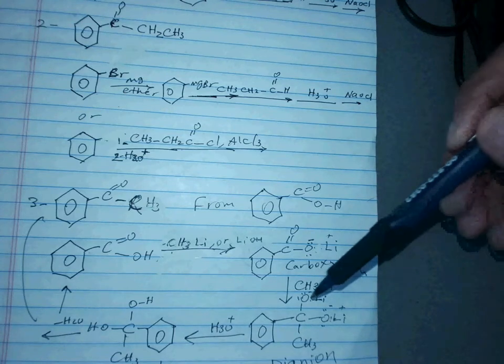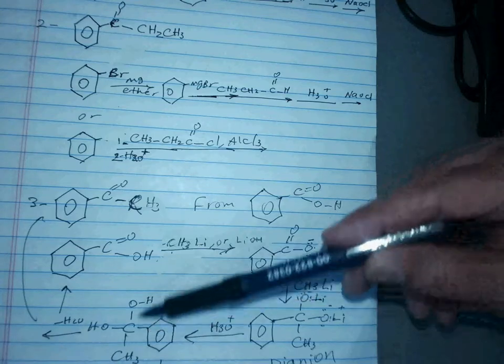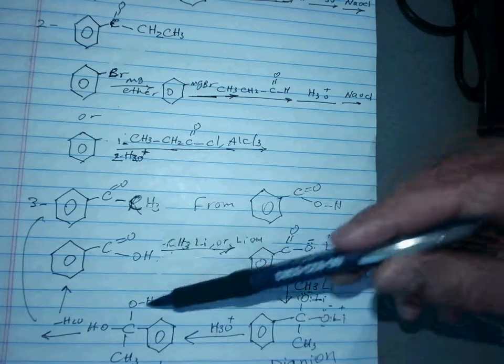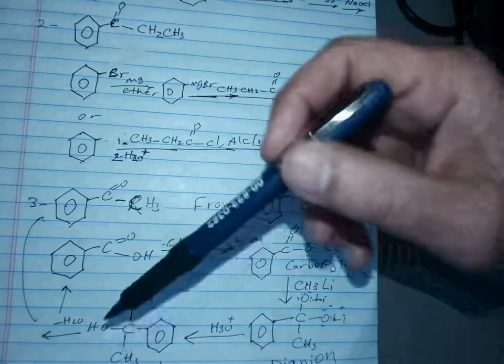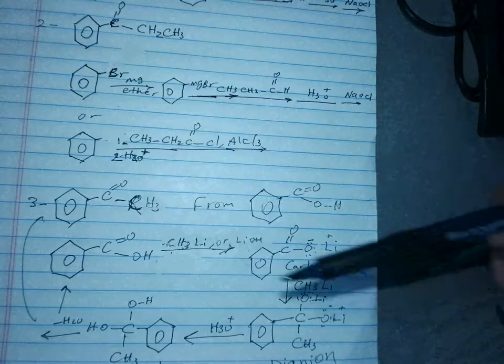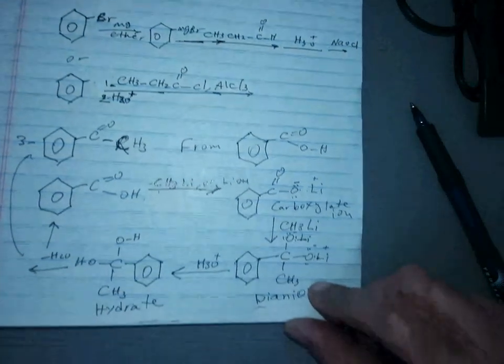Okay. When the dianion is formed, then you acidify the solution, then you get the hydrate. The lithiums are removed and you get a hydrate. Then the hydrate is not very stable. It goes through rearrangement, then it changes to a ketone by losing 2 water molecules.